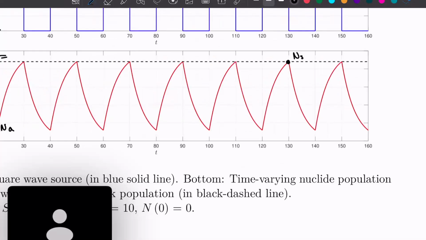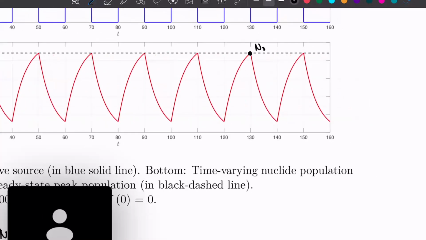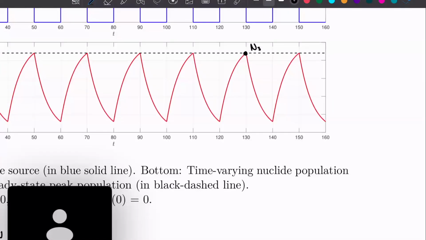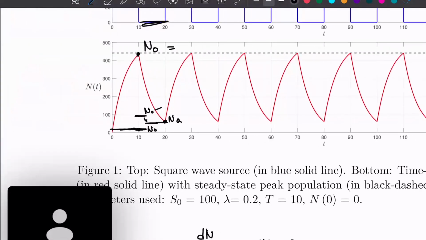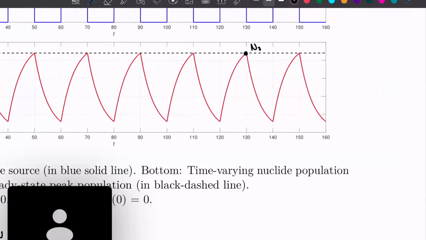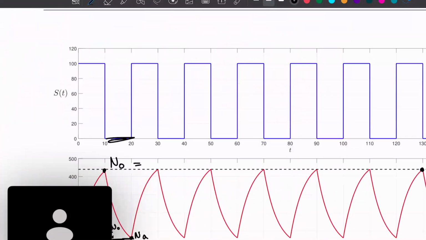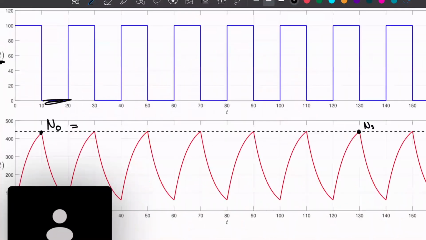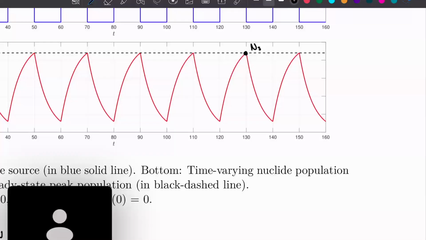By the time you reach steady state, your initial N naught would have already decayed to zero. None of your initial particles exist anymore. They have all died. So NS is strictly just the sum of the production of the particles from S naught, because we have a source. So NS is basically the sum of the particles that have been produced by the source.